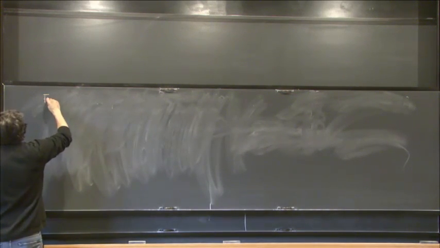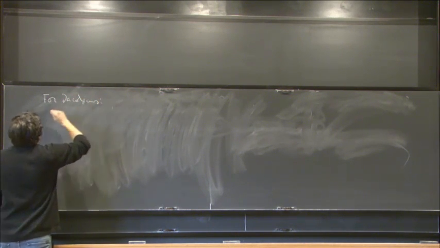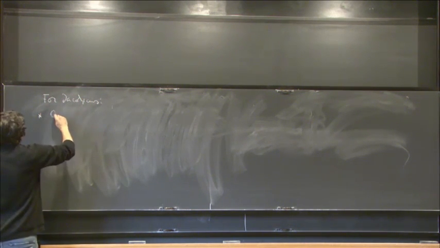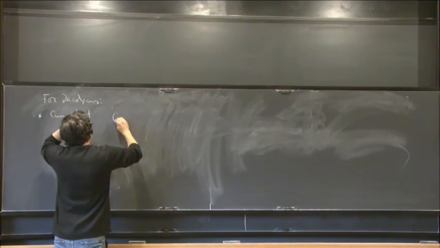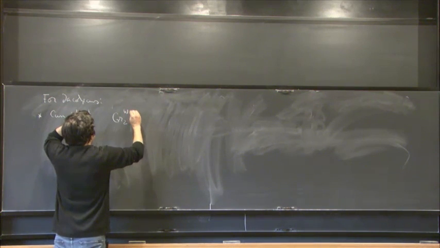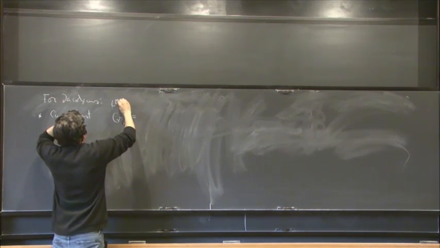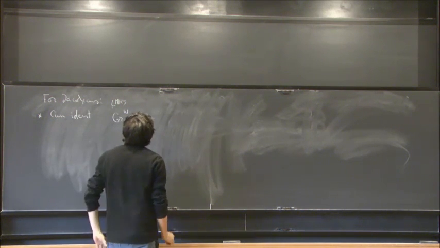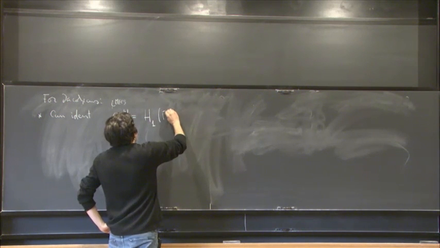Okay, so for Jacobians, we have a canonical identification between GR2 of W, the limit mixed Hodge structure, and H lower 1 of gamma.